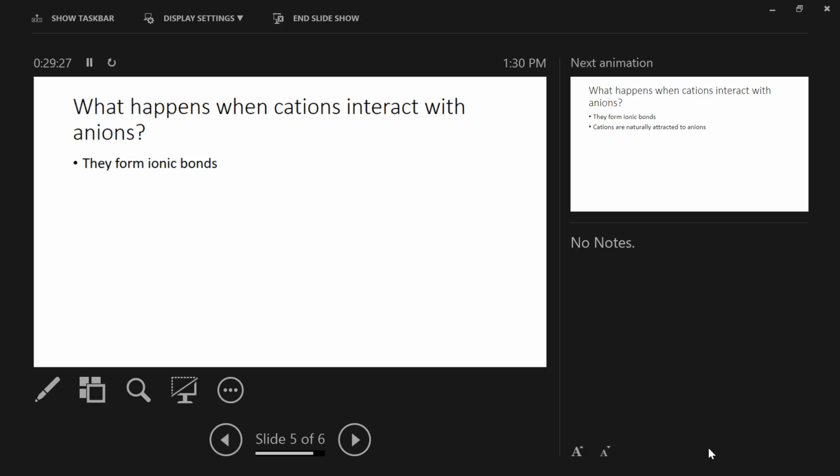Because chemically and with magnets, which is also a type of chemistry, although arguably physics, opposites attract. Okay, and so this is the answer to the question we answered right at the beginning. Cations are naturally attracted to anions.